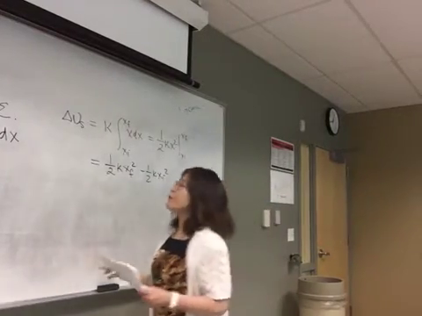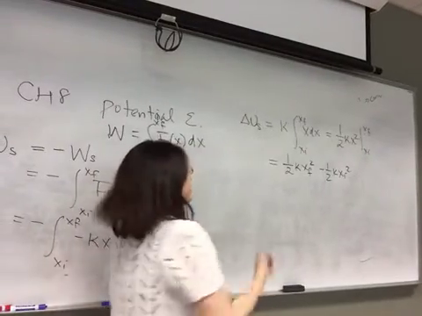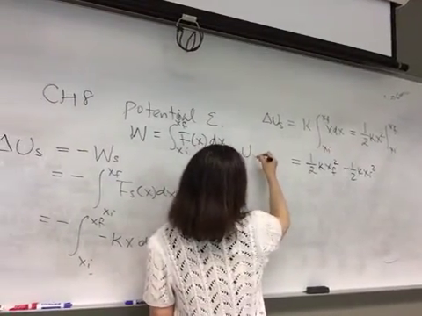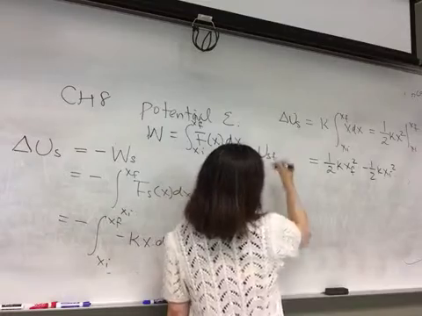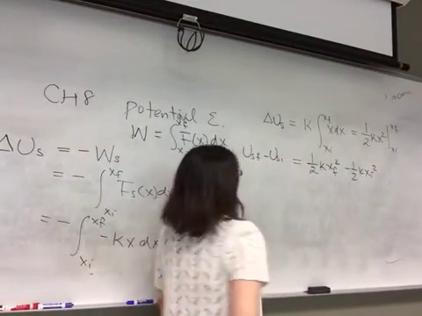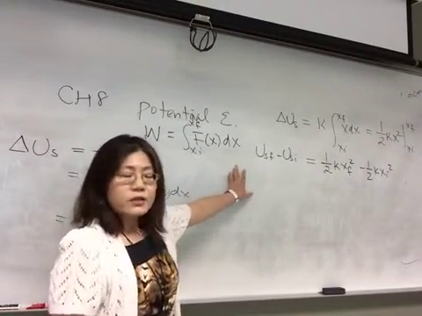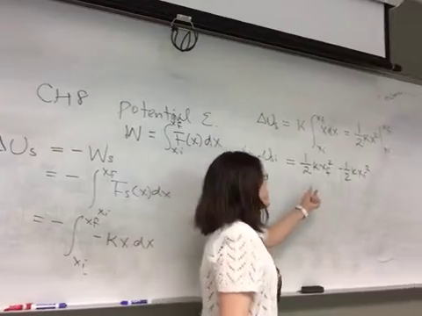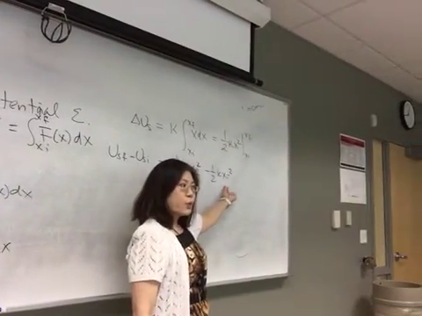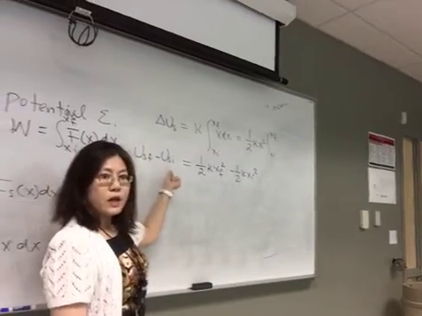And then your delta U, again, is the final spring potential energy minus the initial potential energy. So I have U_S with an f to indicate final, minus U_S initial. Okay? By convention, we usually define this initial point to be 0, and the energy associated with that point is also 0.